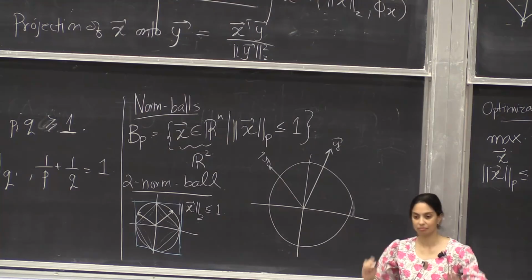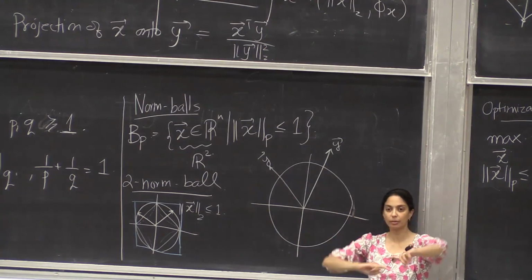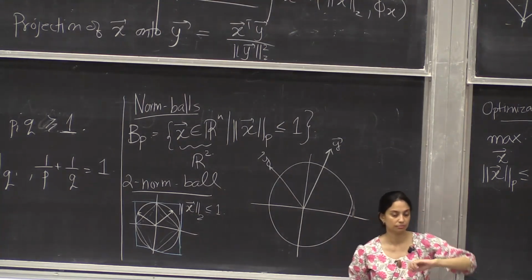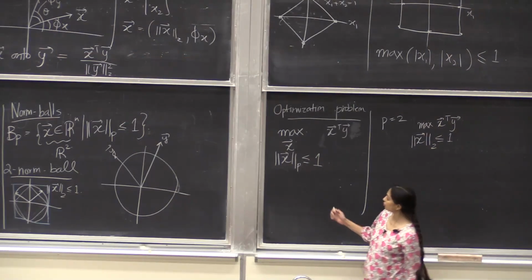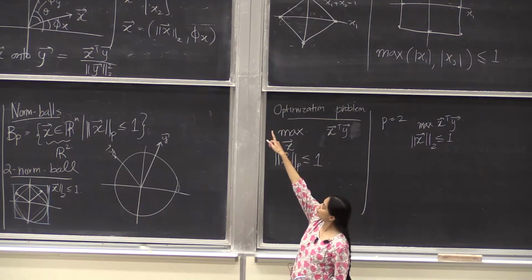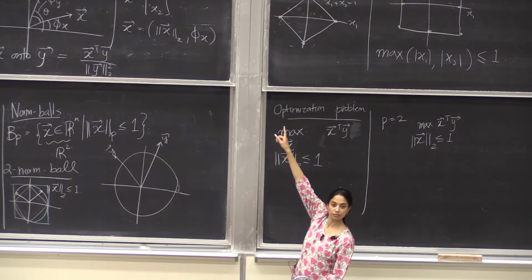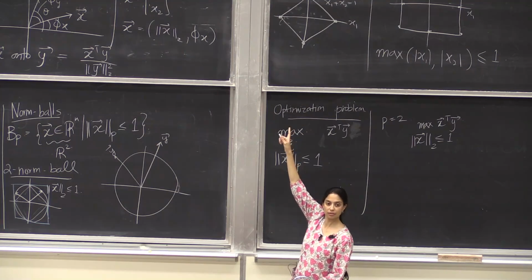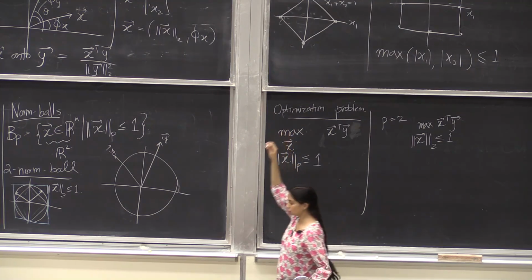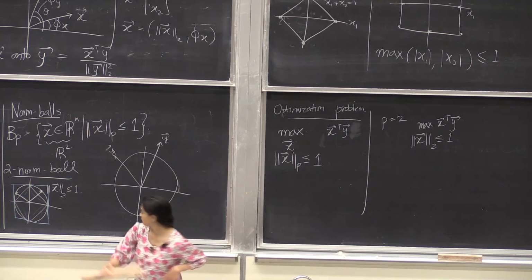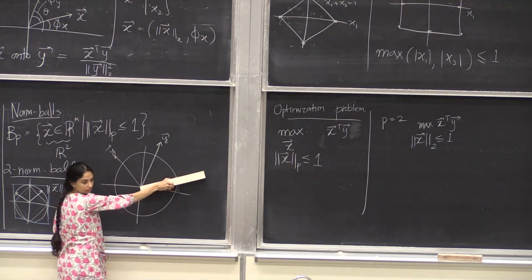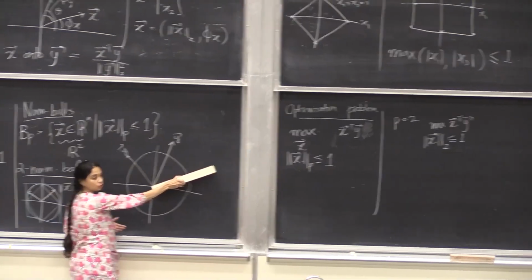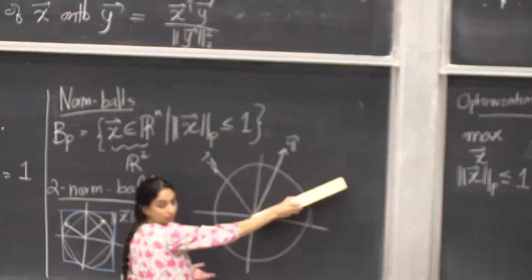Take a minute, think about this. I want everyone to do this. To repeat what was just said, we know that x transpose y is equal to the 2 norm of x times the 2 norm of y times cosine of theta, right? Now if I have my vector x, I know that it has to be of length 1 or less.